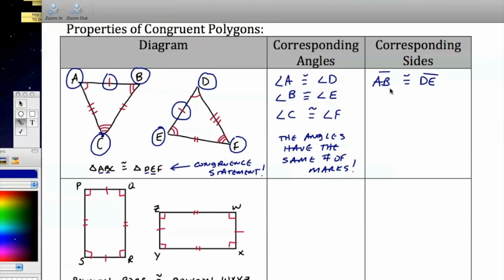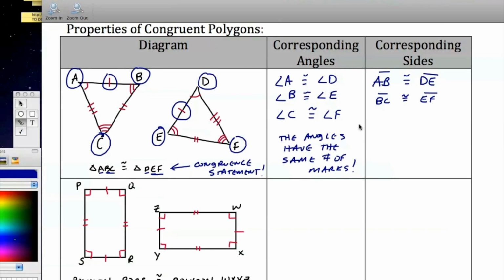So when I use the first and second AB, it has to go with the first and second DE. Okay? So now, my next side with 2 tick marks is going to be BC, which is going to be congruent to my 2 tick marks EF. BC, EF. Notice how these things are starting to come together.